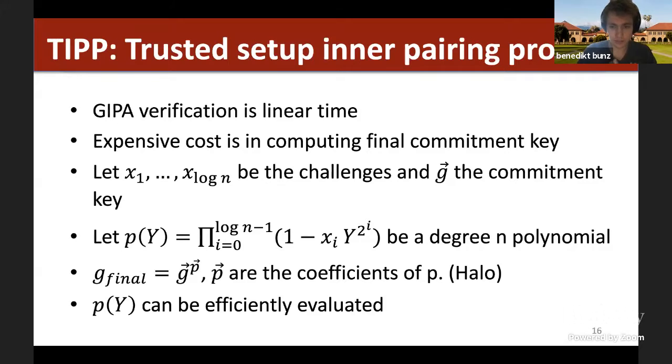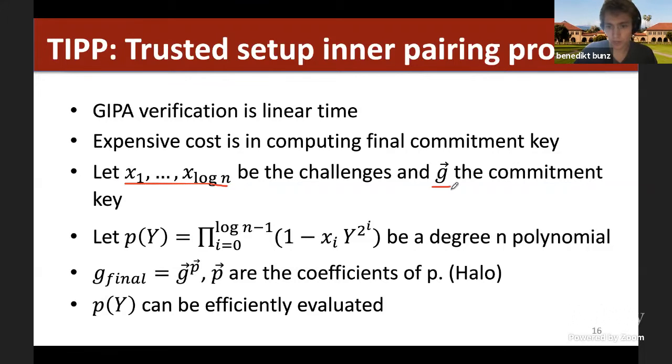Let x1 through x log n be the challenges that are generated in each round. So x1 is the first round challenge and x log n is the last round's challenge.